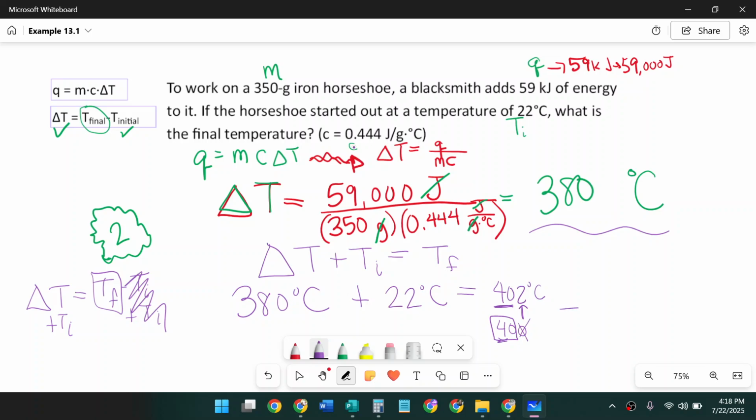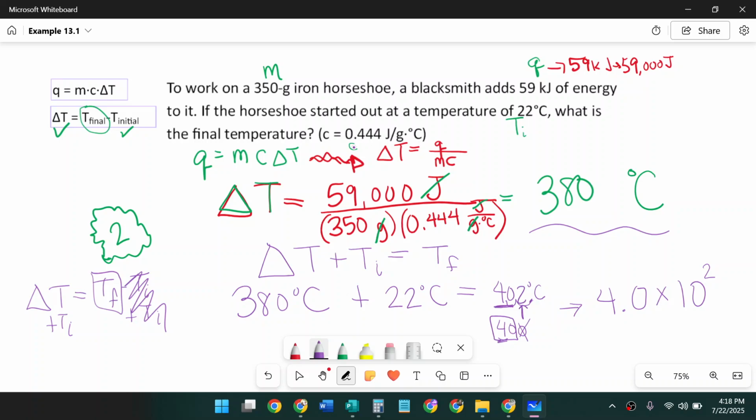Scientific notation tells us that we need to have one thing in front of the decimal. So we're going to move our decimal there, and it's going to be times 10 to the something. We can really use either one of these. Put a decimal here, and we're moving it this way. How many times did we move it that way? 2 times. So that's times 10 to the 2.